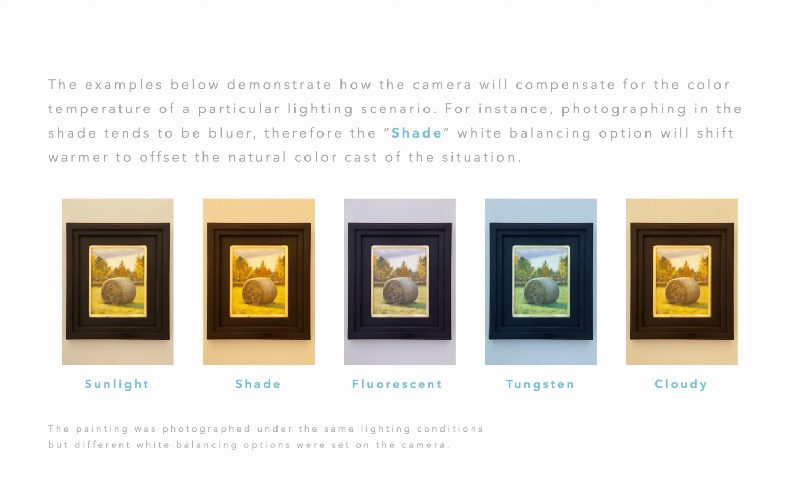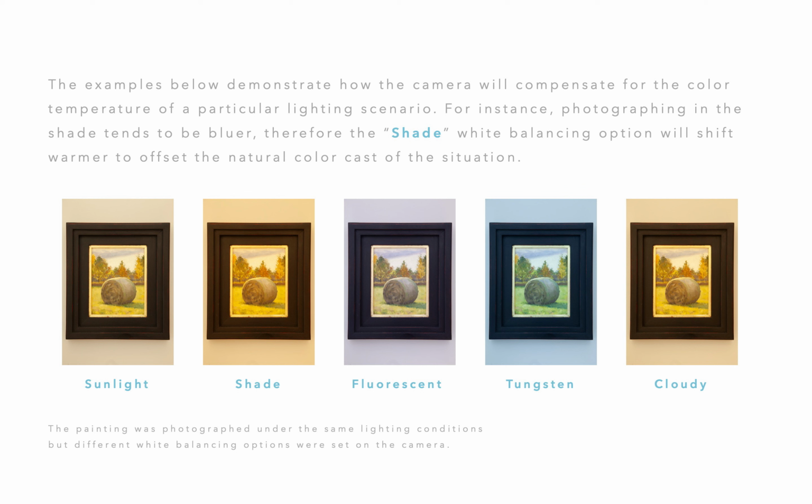So it's not absolutely necessary that you set the white balance on the camera, but it can be beneficial to get something more accurate. So this was all photographed in the same lighting condition, but with different settings on the camera. So you can see under sunlight, it's maybe a little warm, shade is really warm, fluorescent.